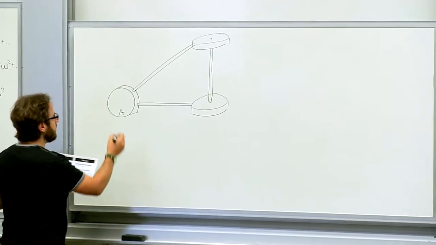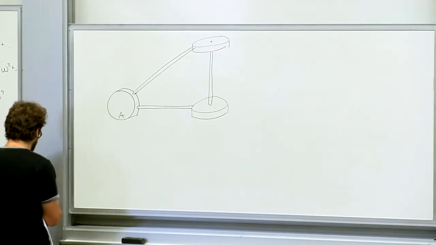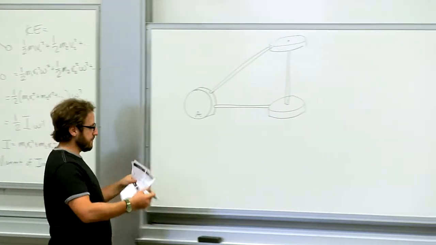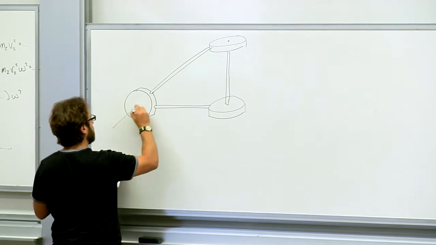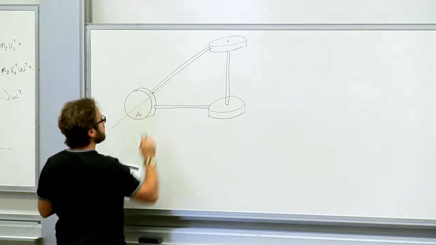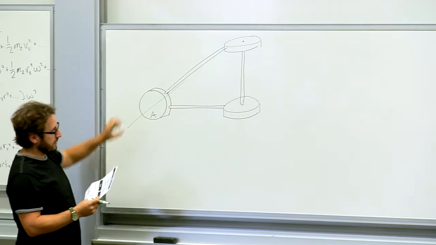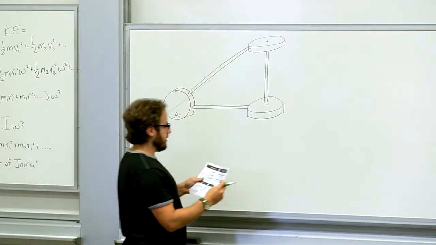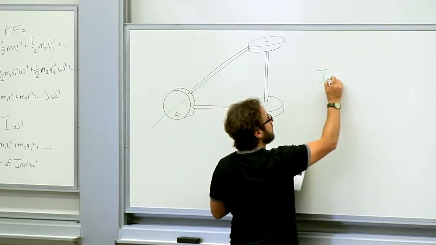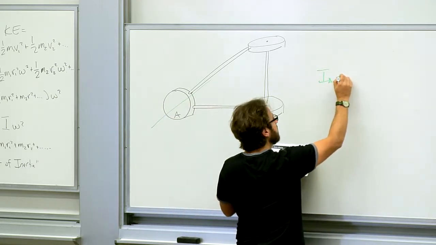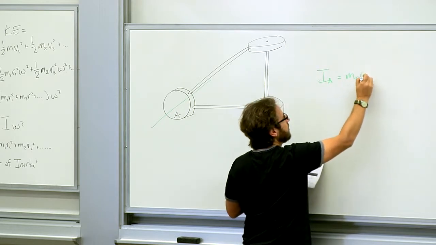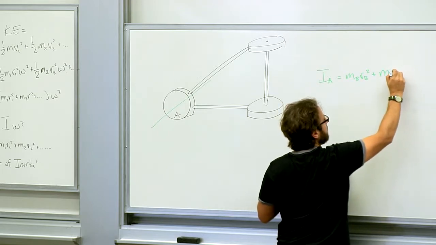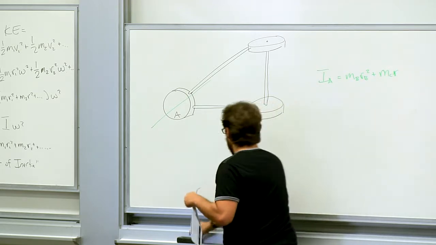So for example, let's use different colors to differentiate. If you choose an axis through the center of A, right, if this is your axis, and imagine these things have very small radii here, so we can ignore the moment of inertia of A itself around A. Then the moment of inertia around the axis A is just m_B times r_B squared plus m_C times r_C squared.